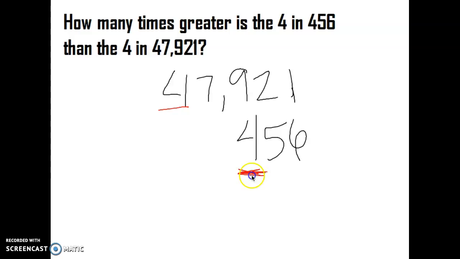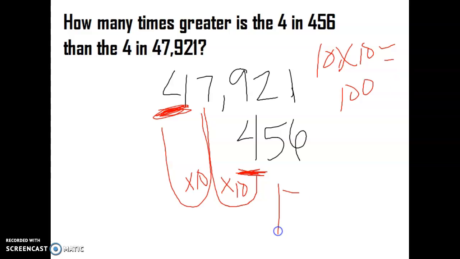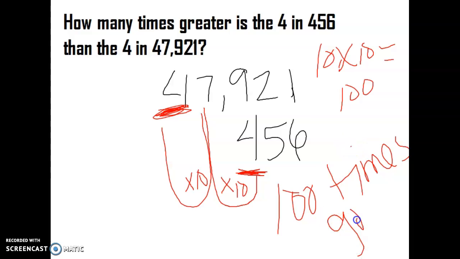We're going from the 4 in the hundreds place to the 4 in the 10,000s place. So we go over one loop. That's times 10. Two loops. We're right where we need to be. That's times 10. What is 10 times 10? Good, 100. 10 times 10 is 100.